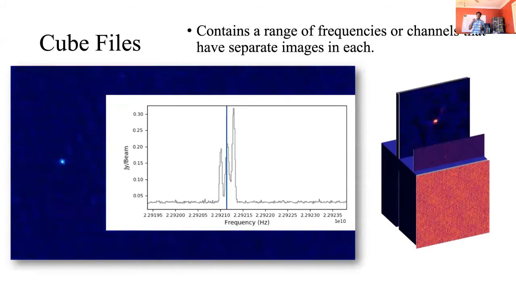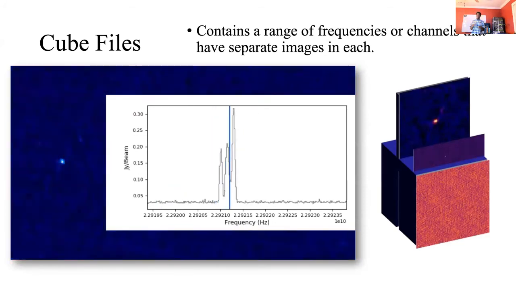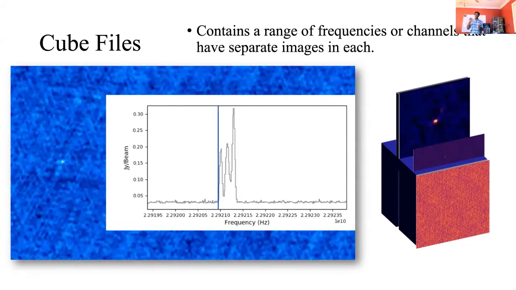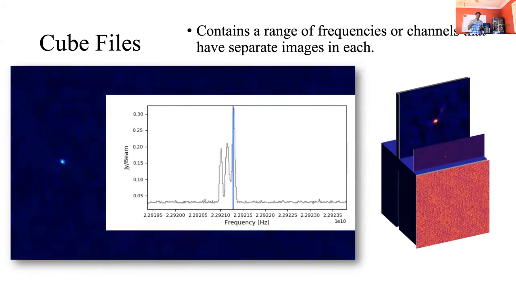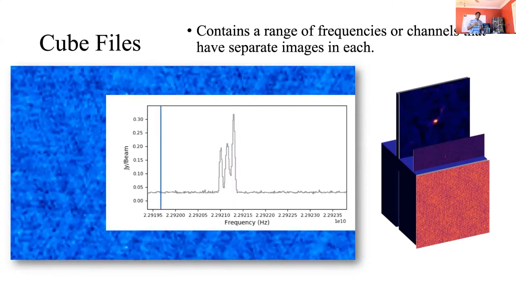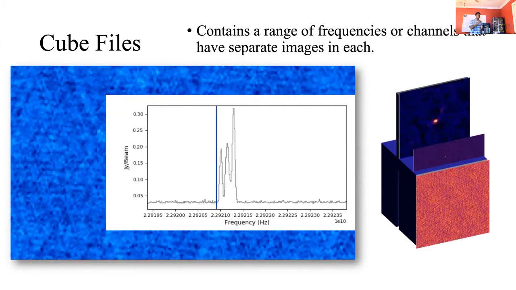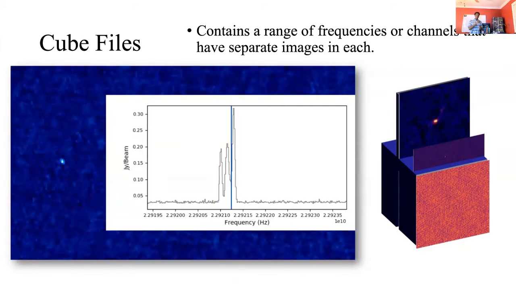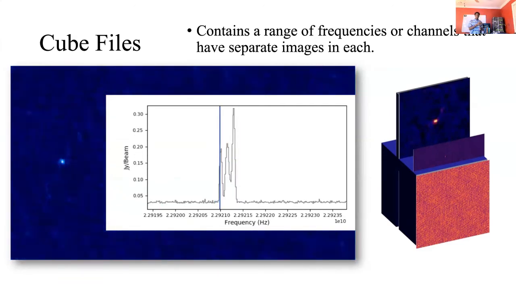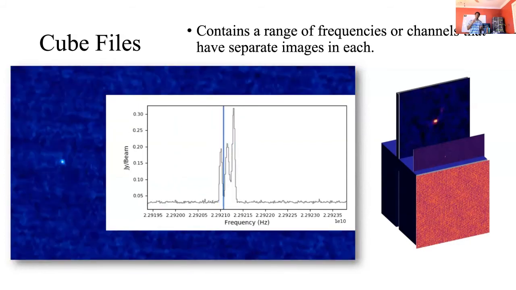So, just a small rundown on how cube files work. Think of a cube file like a cube full of different sheets, and each sheet is its own channel. Each channel has a specific frequency that the radio telescope, like the VLA or ALMA, would basically see and record.